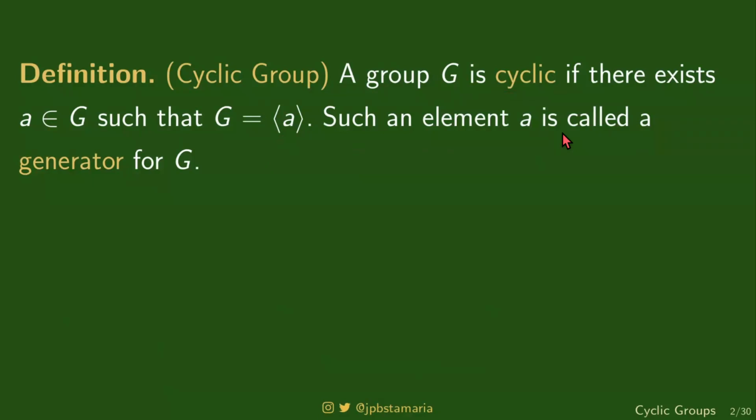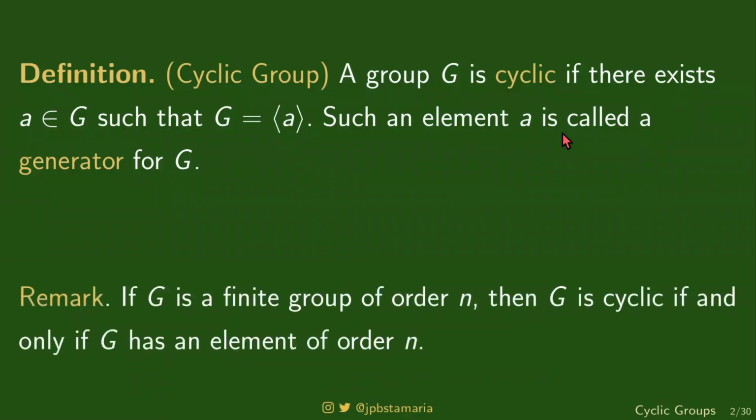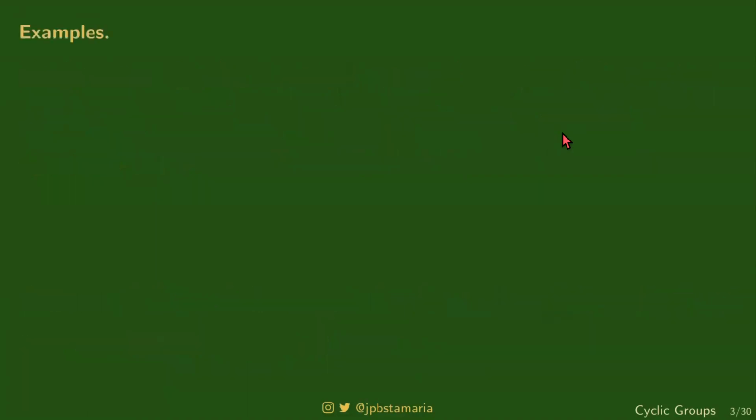Hindi naman pinag-isipan masyado yung pangalan, no? Okay? So as we can tell, if G is a finite group of order n, then G is cyclic precisely when G has an element of order n. Kasi yung element of order n na yun, siya yung mag-generate doon sa buong group, kasi nga si G ay may n elements.